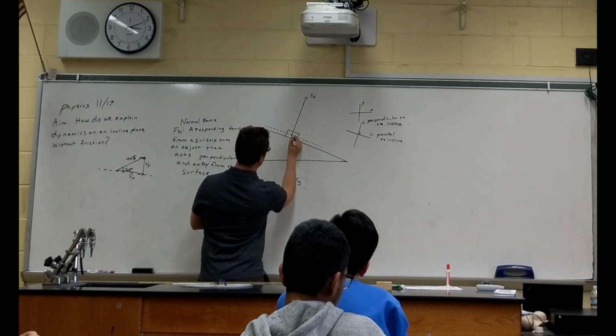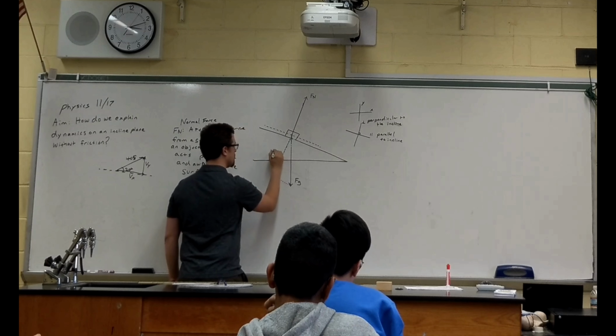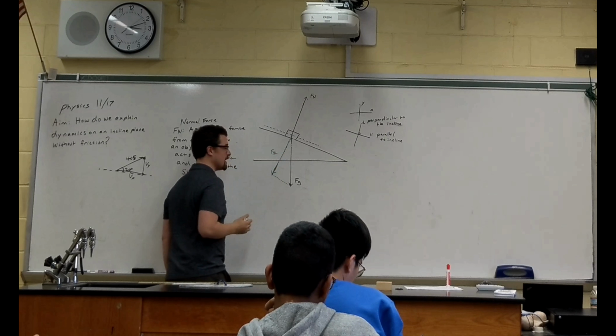So I'll use two colors to help simplify this, right? I can think of gravity not just as one force, much like thinking of velocity as two pieces. I can think of gravity as two pieces, having a piece directed into the incline, and I'm going to call this the FG perpendicular piece to line up with our perpendicular axis.